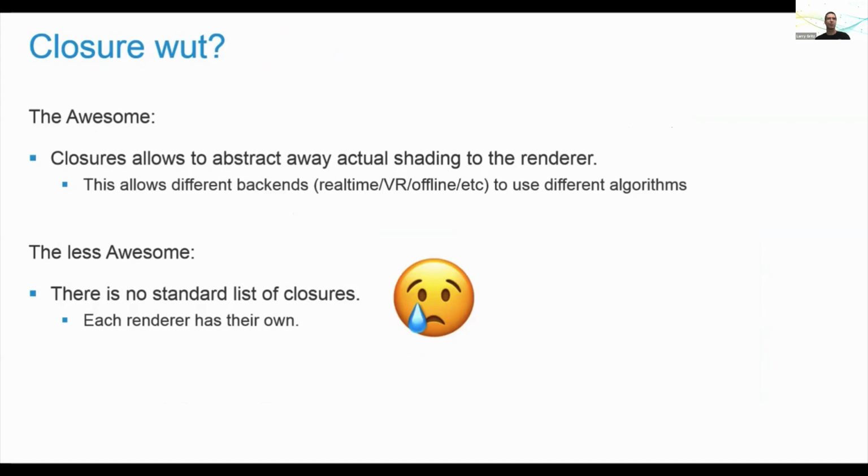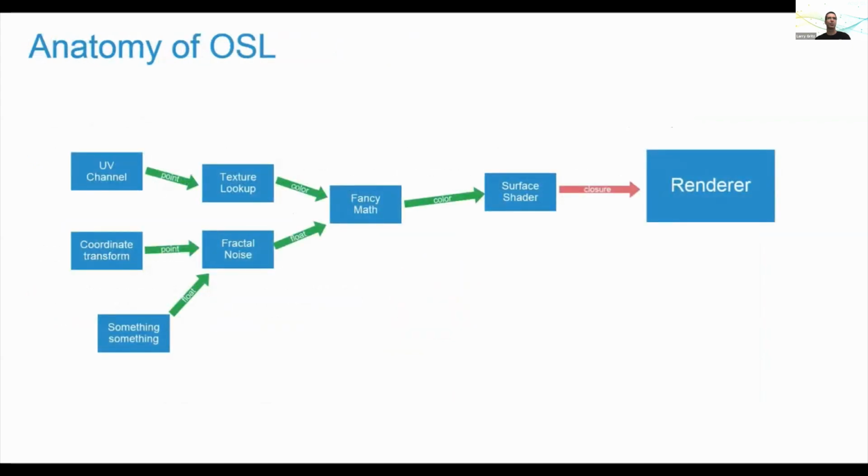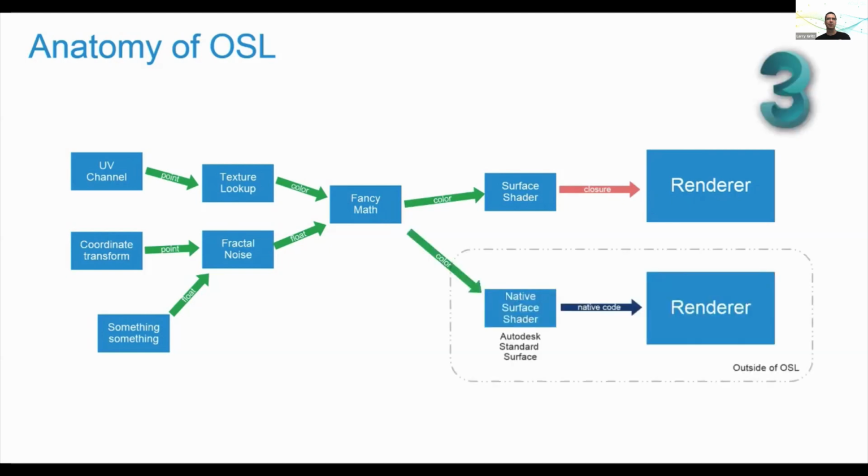So if you look at a classic OSL shade tree here, which contains a bunch of texturing shaders which send quite normal data back and forth, like points and colors or whatever, they go somewhere into a surface shader, and what comes out of the surface shader is a closure, and that goes to the renderer. The way we solve this in Max is that we actually intercede before the surface shader.